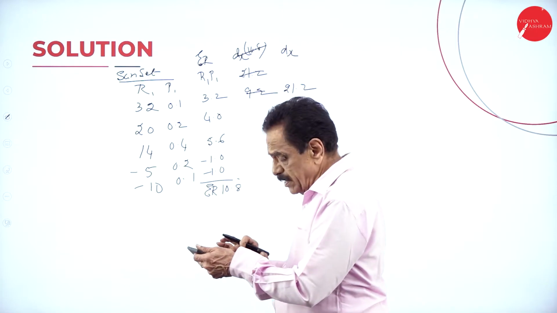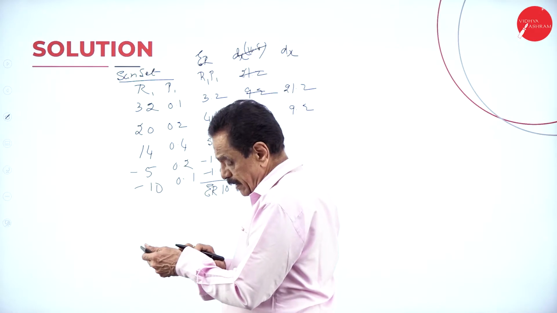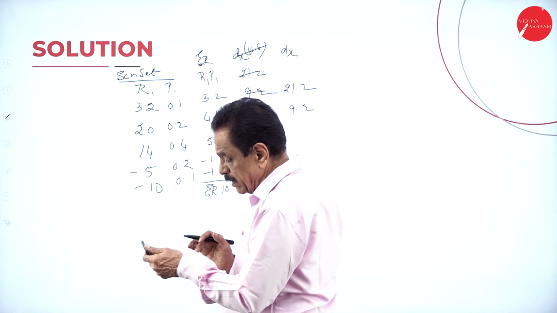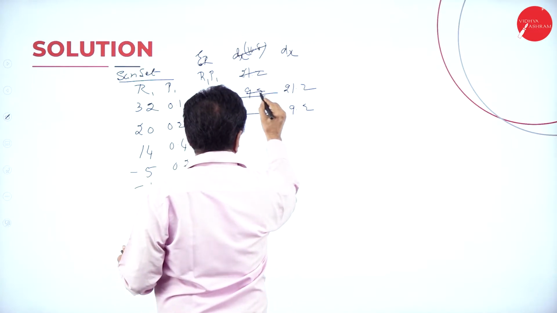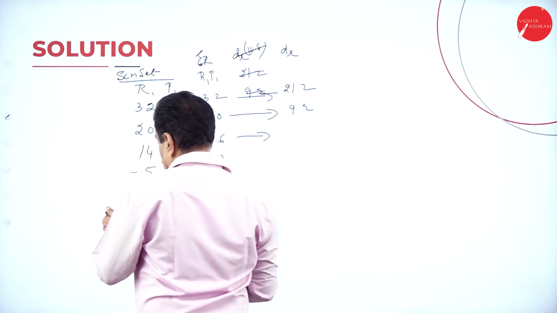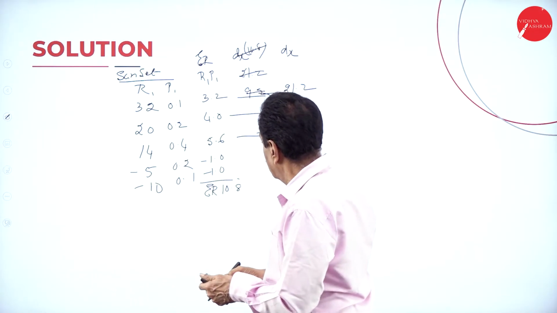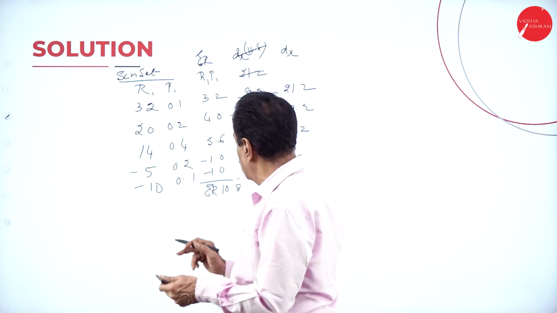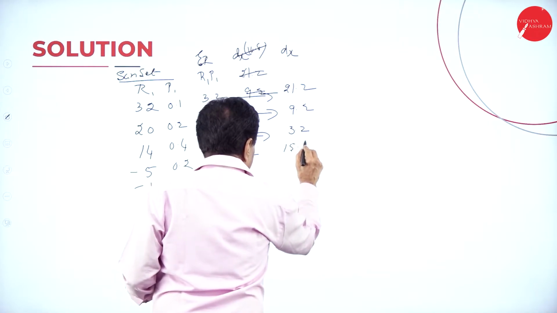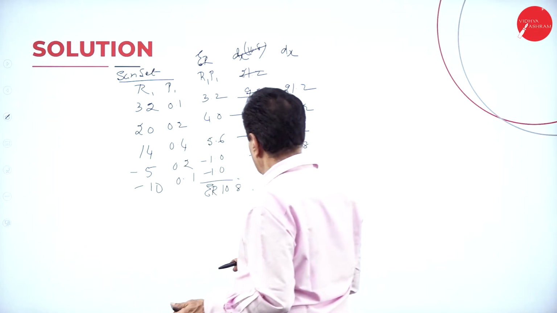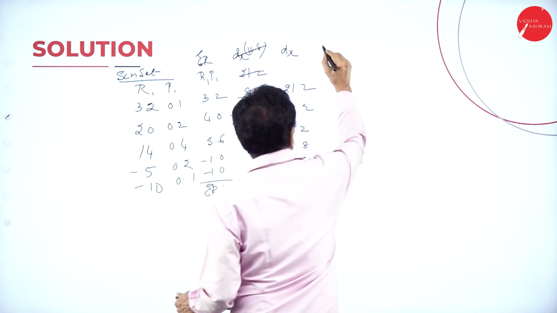Then 14 minus 10.8, 3.2. Then minus 5 minus 10.8, minus 15.8, and minus 10 minus 10.8, minus 20.8. Then dx square.